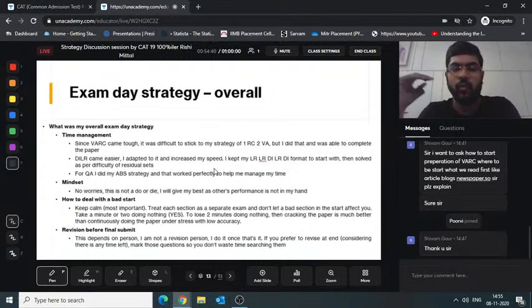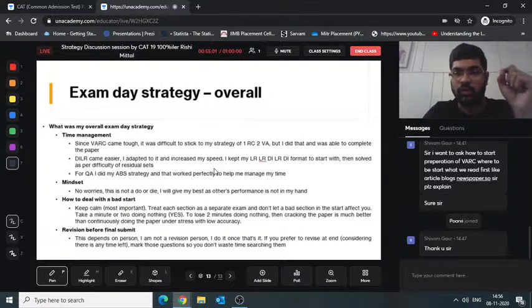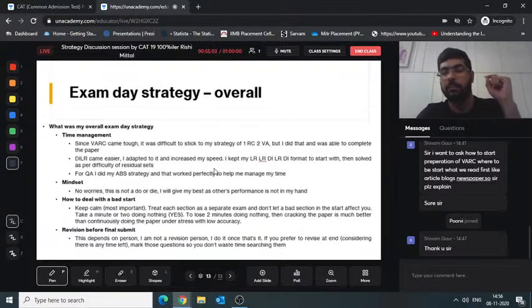Right? And for quantitative ability, as I have been describing, my ABC strategy extensively uses the marking function. Once I've solved the A type questions, I get them green. All the B type questions, I'll see them, I'll approach them, but I'll mark them for later.